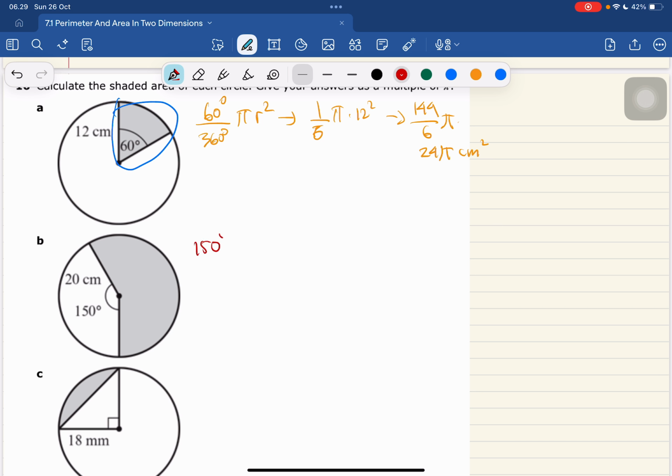So 150 degrees of 360 degrees, pi with r squared. So both of them we can divide by 30. So 360, if we divide by 30, it's going to be 12. And 150, if we divide by 30, it's going to be 5. Okay. And then r squared is 20 squared. So 20 squared is 400.